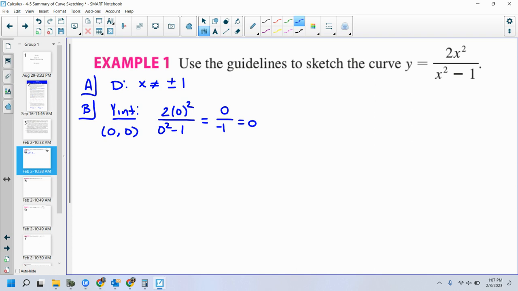Now, to find the x-intercept of a rational function, you just set the numerator equal to 0. But in this case, I get 2x squared equals 0, x equals 0 again. So my x-intercept is actually the same thing as my y-intercept. It's just the origin point.